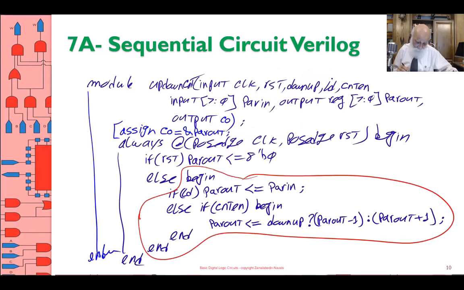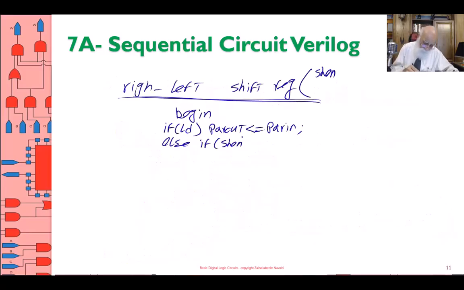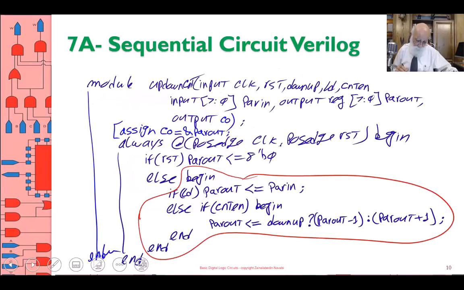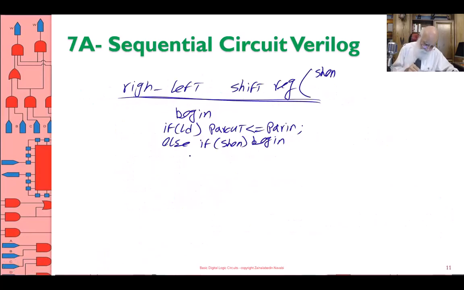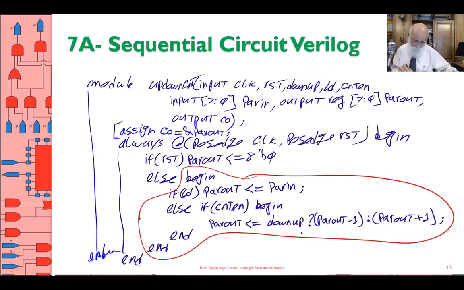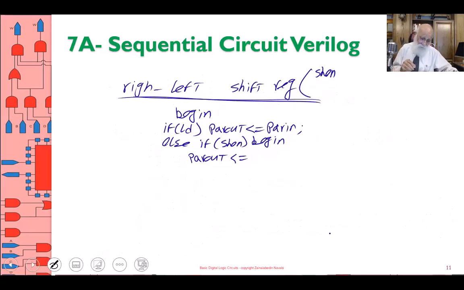And if shift enable, begin, pair out gets... okay, instead of down up, I have right left. It's 1 if it shifts right.